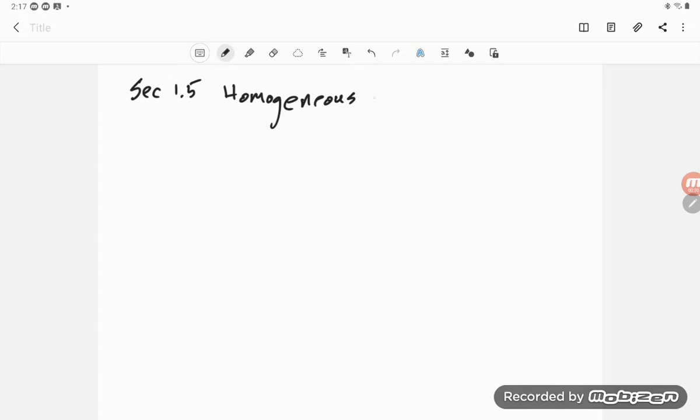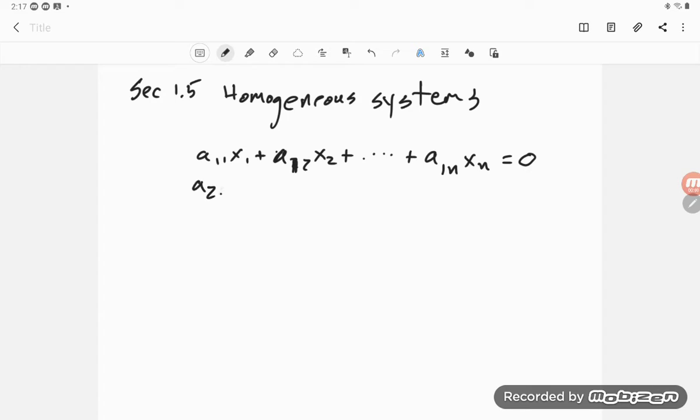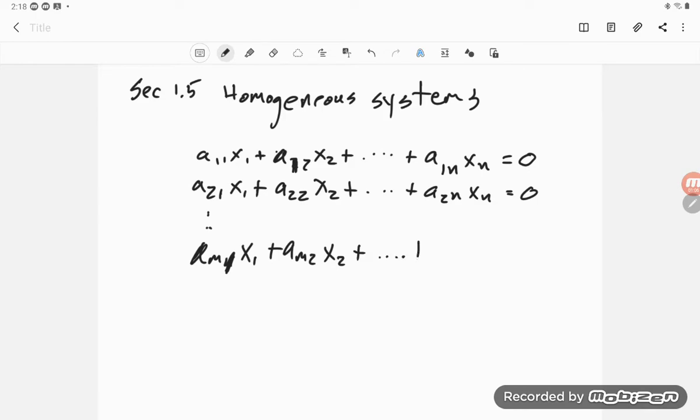This is any system where, if I have a11 x1 plus a12 x2 plus out here to a1n xn equals 0, if the right-hand side of all of these is equal to 0, so I'll put in my second row, a21 x1 plus all the way to a2n xn equals 0, and again we go down to am1 x1 plus am2 x2 plus all the way out to amn xn equals 0.